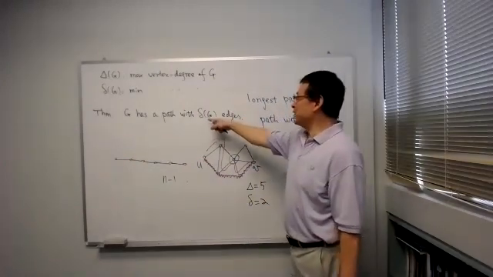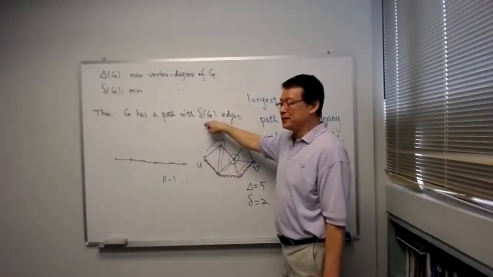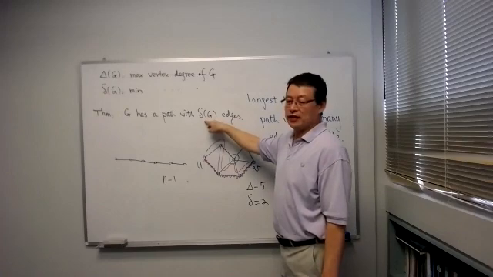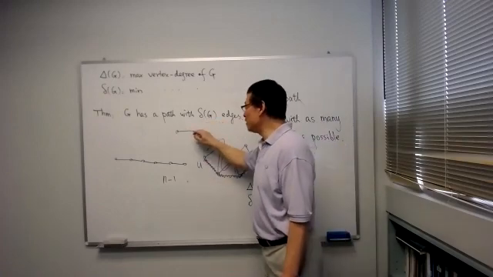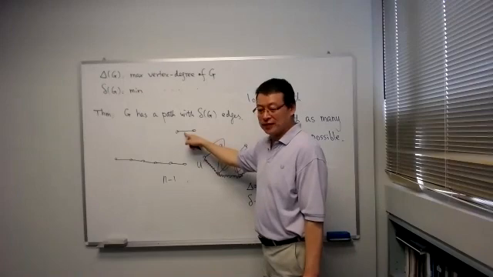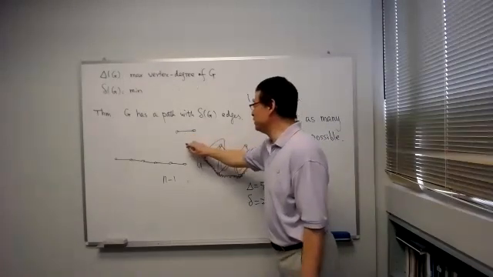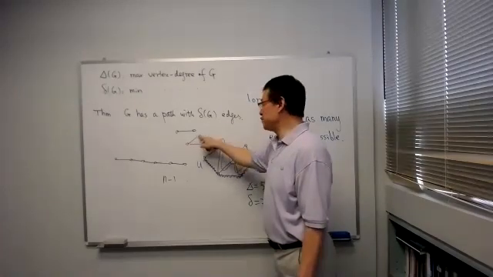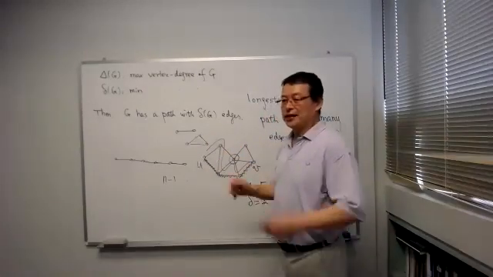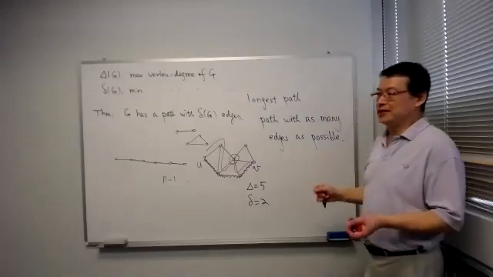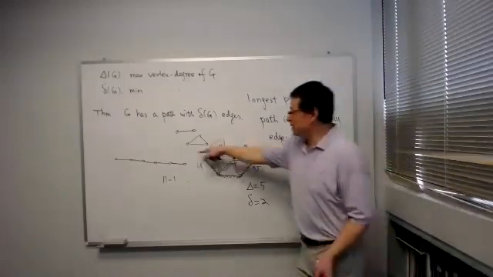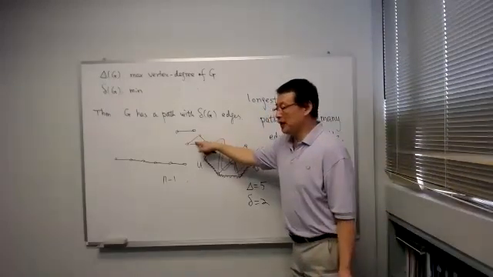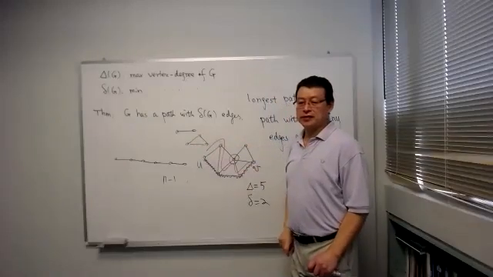So here we only guarantee a path of length delta. If the minimum degree is 1, it only guarantees a path of length 1. If the minimum degree is 2, it only guarantees a path of length 2, only 2 edges. Okay, it does not seem to be much, but that seems the best we can do because that's an example. Minimum degree 2, I only have a path of length 2.